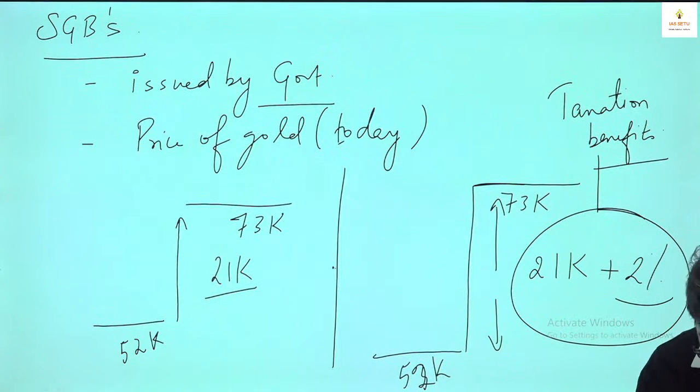So what the government of India said was, if any such institution has a surplus amount of gold with them, you bring the gold to us, we will check for purity, we will tell you then and there, right? You bring 22 carat, we'll tell you. You bring 18 carat, we'll tell you. And it will be mentioned that this many grams of gold has been deposited by the person, so every bit of detail is mentioned under your name.